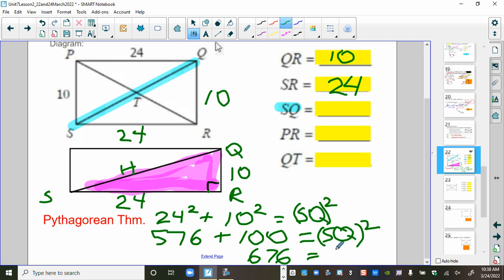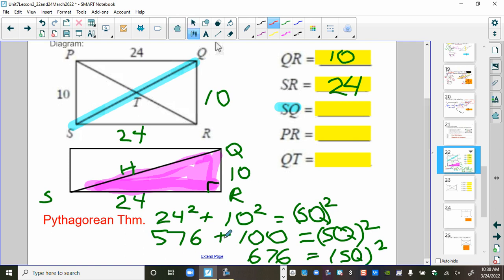equals SQ, but that's squared. But what do we have to do now? Can we just say 676 and have a good day? No. No. What do we have to do with that 676? Are you doing a divide? Not divide. How'd you get 26? Bullseye. That's it.